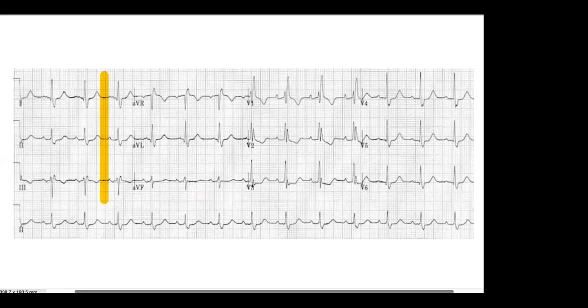We said the precordial leads give us an idea where we have the block. If we have the block on the right side, it will manifest itself probably on V1 or V2. If you look at this case, V1 and even V2 are a little bit M-shaped. I don't know if anybody sees that.